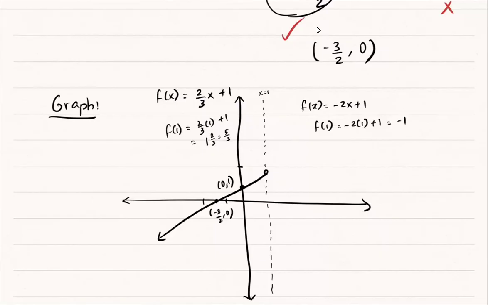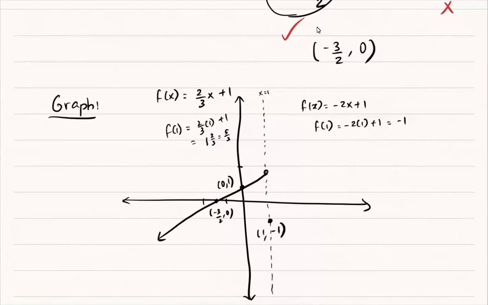So (1, -1) is a point on the graph. Let's say this is that point. I use a closed circle here because this is actually a point on the graph, because 1 is in the domain of the second function.